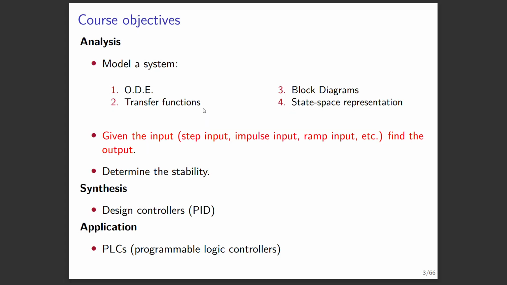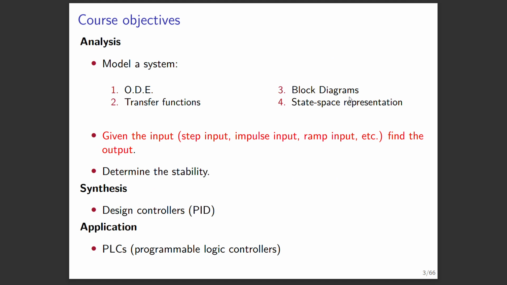So to see where we are, initially we have studied how to model a system, different ways to model a system, from ordinary differential equations to transfer functions, block diagrams, and state space representations.